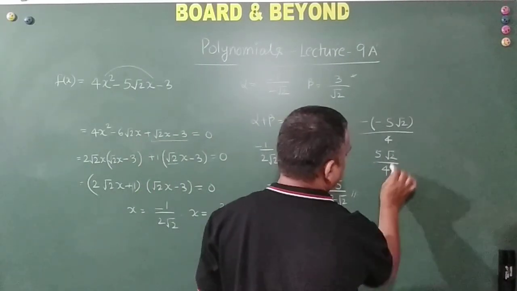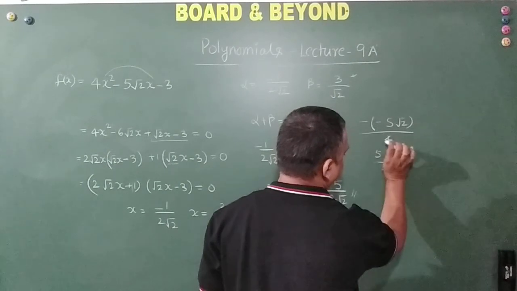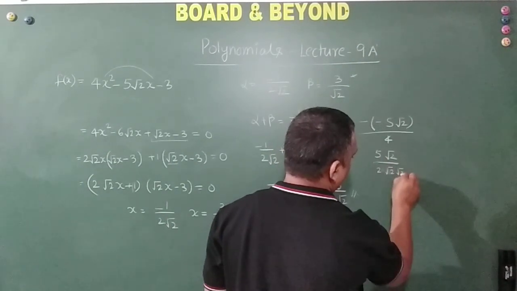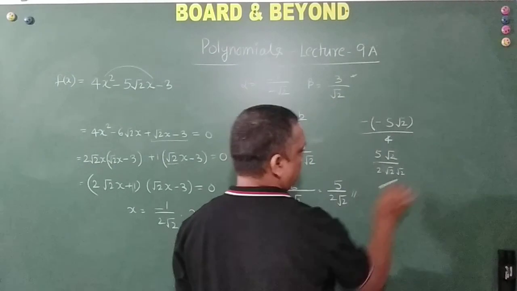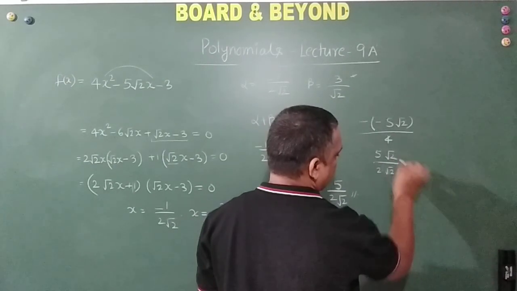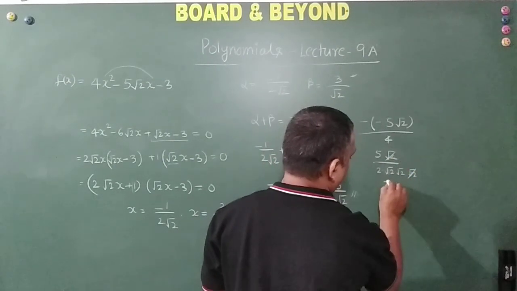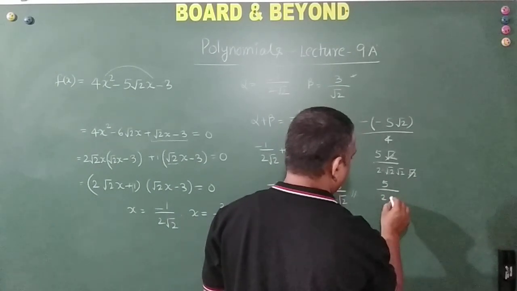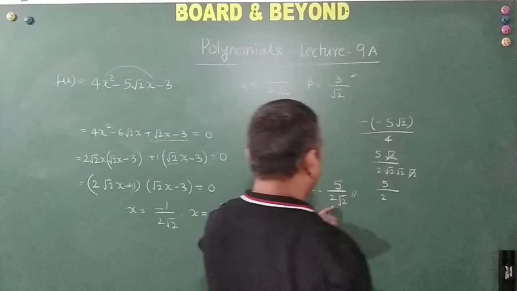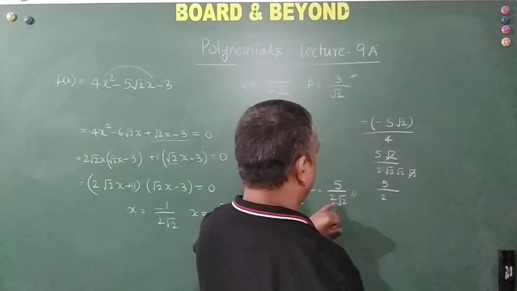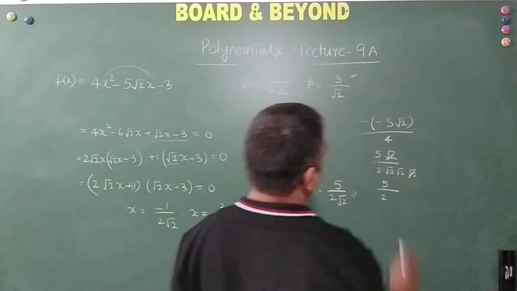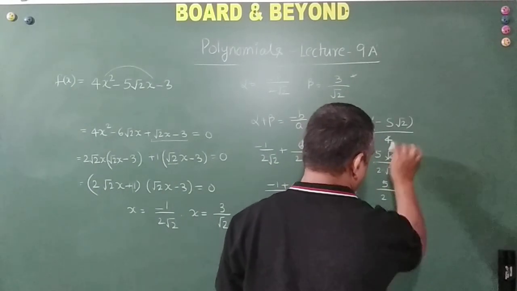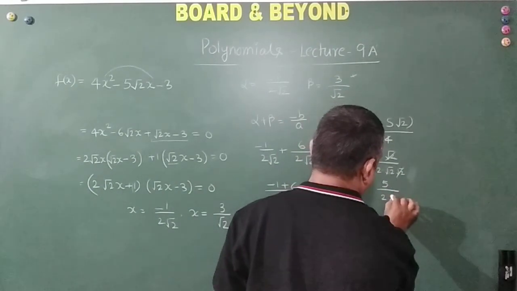So friends, this can always be written as 2 into root 2 into root 2, that is equal to 4 into root 2. I will cancel one root 2 out. So 5 divided by 2 root 2. Sorry, it was 5 divided by 4. So 4 is equal to 2 into root 2 into root 2. Okay. So 1 will cancel here, and then remaining is 2 root 2.